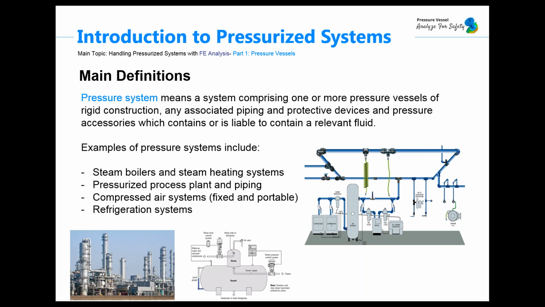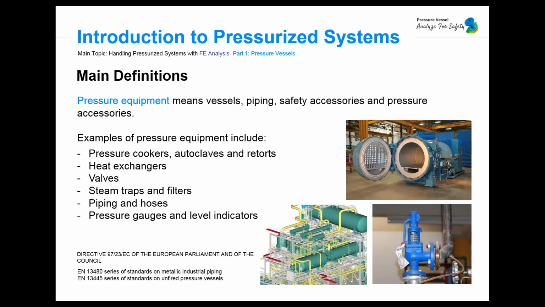And as you see on the slide, other examples are pressurized process plants and piping, refrigeration systems, and others which consist of the just mentioned sets of pressure equipment.